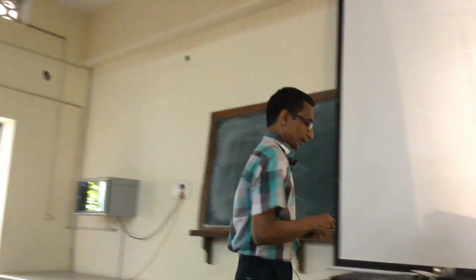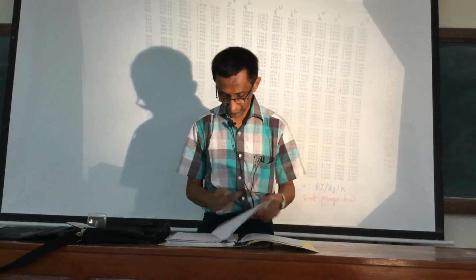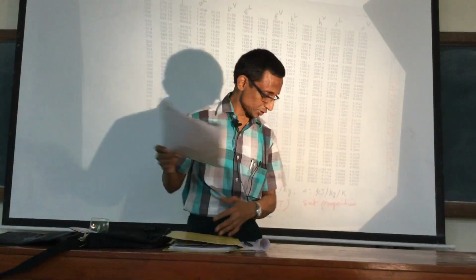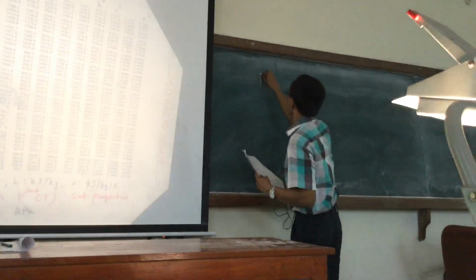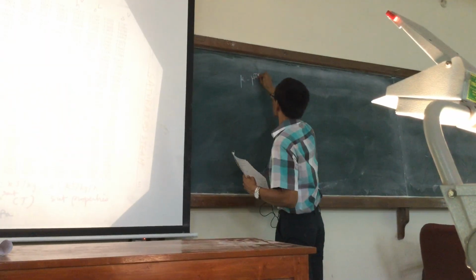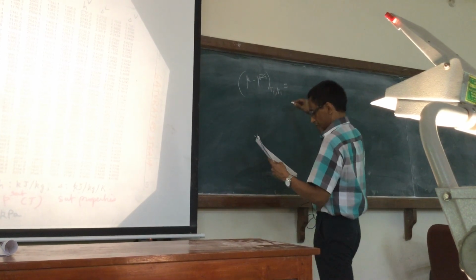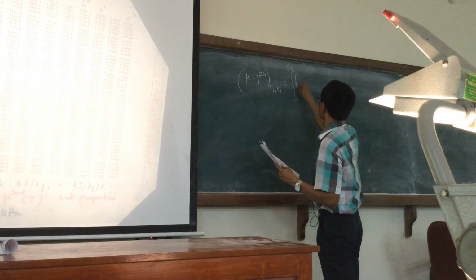Now, if you look at the formula for fugacity, or rather the chemical potential departure function that we have, you can easily write it from one of the assignment sheets.